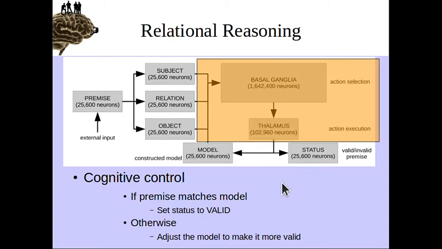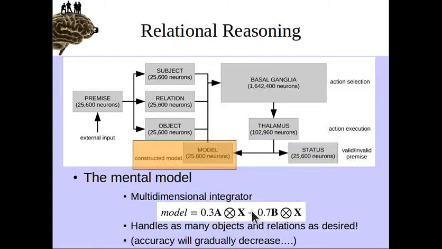What? Well, if I go back a little bit and remember what was in my model, if this subject thing was representing A, so if someone's telling me A is left of X, or A is left of B, or A is left of something, right? Then taking A and convolving that with X gives me the vector A convolved with X. Then the dot product of this whole thing, the vector that's sitting in the model, with A convolved with X should be somewhere around 0.3, right?